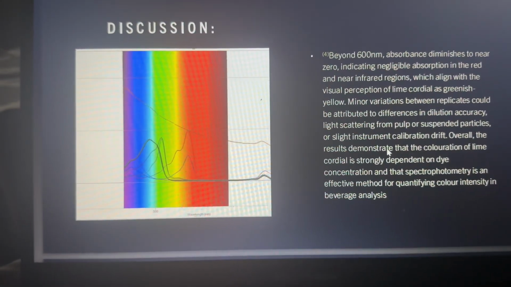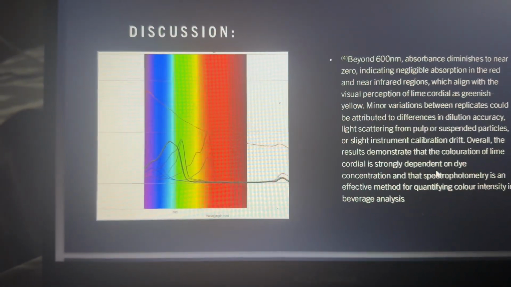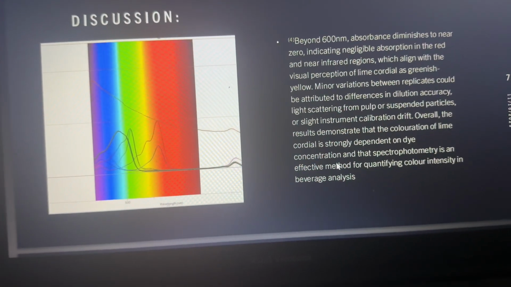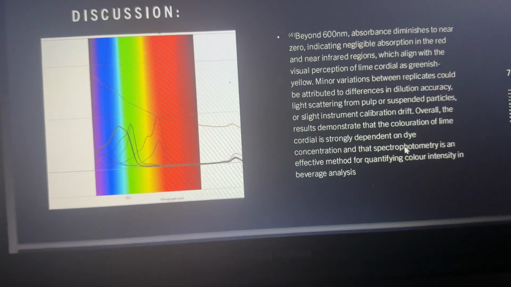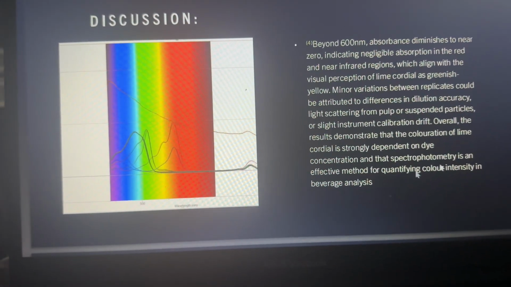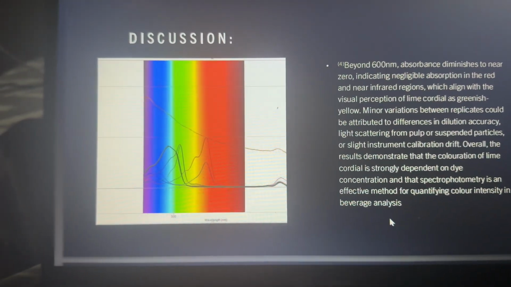Overall, the results demonstrate that the coloration of lime cordial is strongly dependent on the dye, and that spectrophotometry is an effective method for quantifying color intensity in beverage analysis.